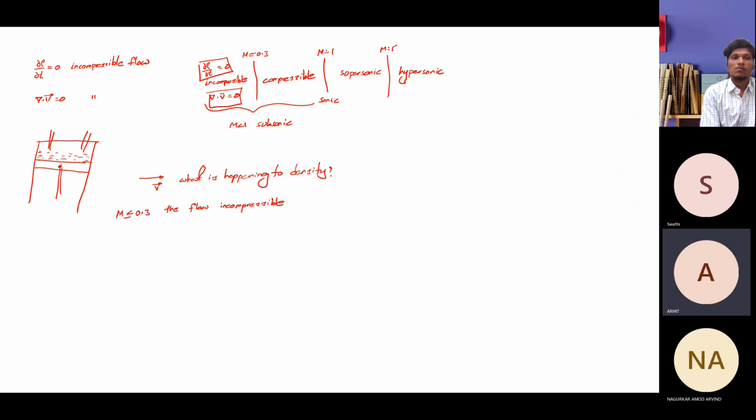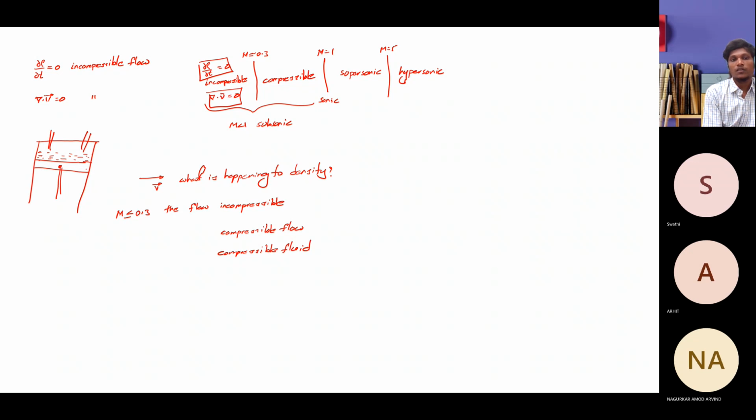Yes, so compressibility is not only with respect to flow, but we have to state things clearly, whether it is compressibility of a fluid or compressible flow. Compressible flow is different from a compressible fluid.